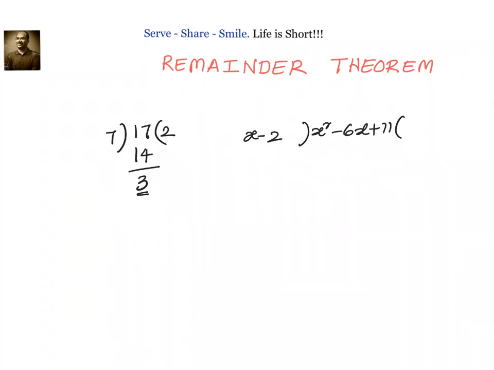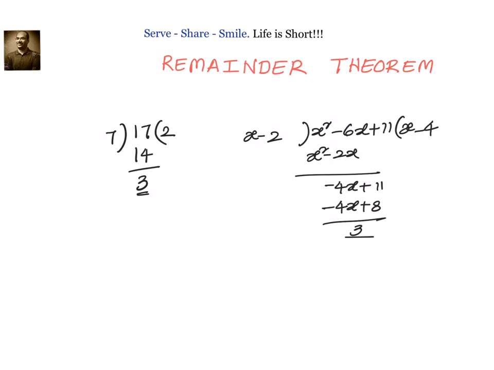First let us see how we can do that with long division. x square divided by x is x, so x into x is x square minus 2x. Let us subtract them. We will have minus 4x plus 11. Now minus 4x by x is minus 4, so minus 4x plus 8. The remainder is 3.